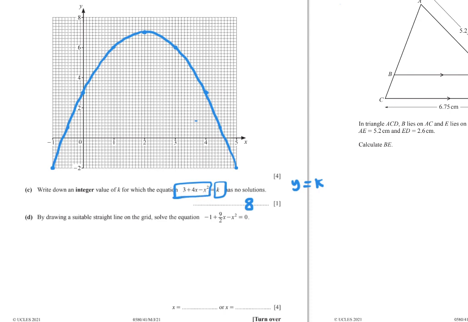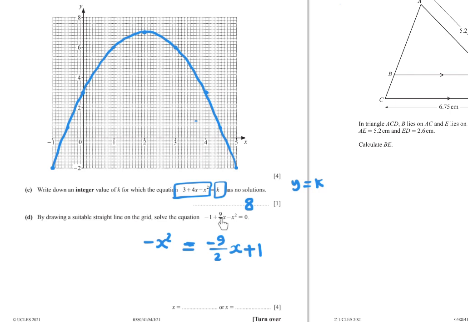Now we have negative x squared only, so keep negative x squared to the left and transpose 9 over 2 x and negative 1 to the other side by the opposite sign. So 9 over 2 x will be negative 9 over 2 x, and negative 1 goes to the other side as positive 1.